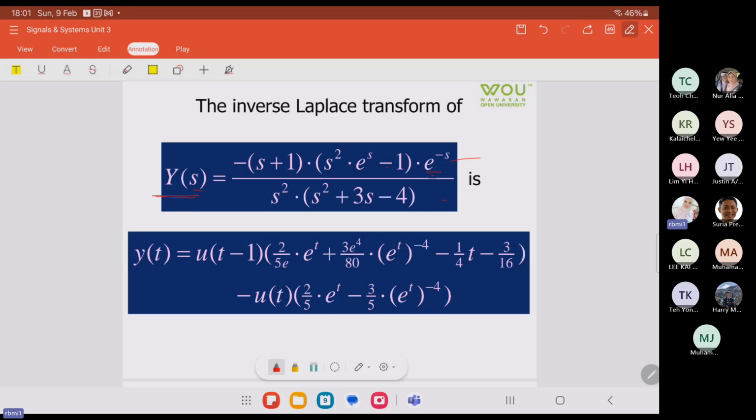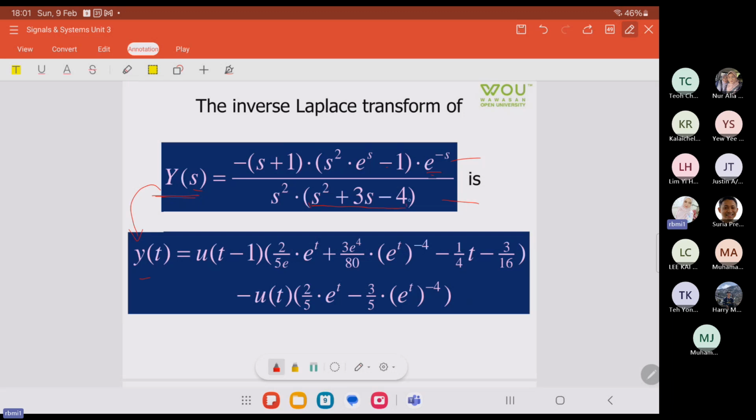To get from the equation at the top to the equation at the bottom, we need to solve by using partial fractions. I hope that you guys know how to solve using partial fractions, especially for these equations.